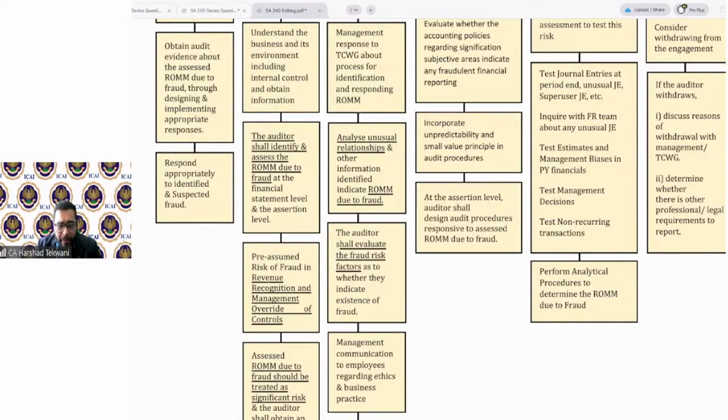So to convert from loss to profit so that they can get the bonus, that's pressure. Another way: their sales commission depends upon the sales made by each sales agent. Now there is an incentive that if he makes more sales, he'll get more commission. So that's an incentive to do something wrong.